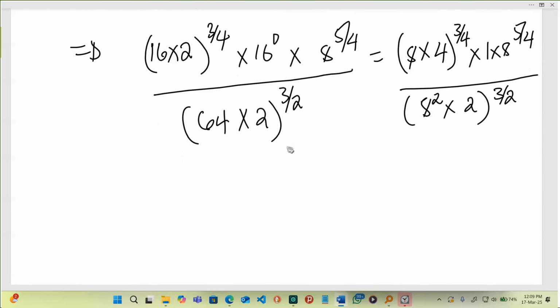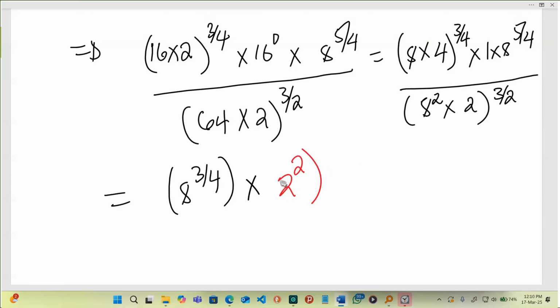Okay, so what do we do here? We have 8 power 3 out of 4 times 4 power 3 out of 2, but we can make a 2 here. So we can say this is 2 squared power 3 out of 4.